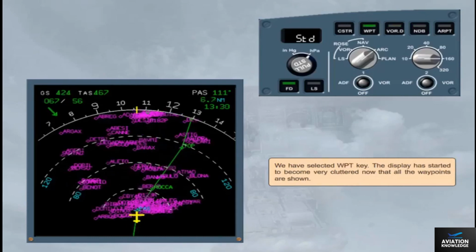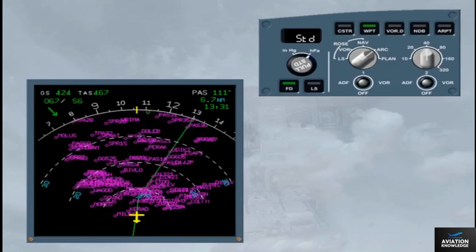We have selected the waypoint key. The display has started to become very cluttered now that all the waypoints are shown. We have turned the range selector to 40. As you can see, the display is a little less cluttered.